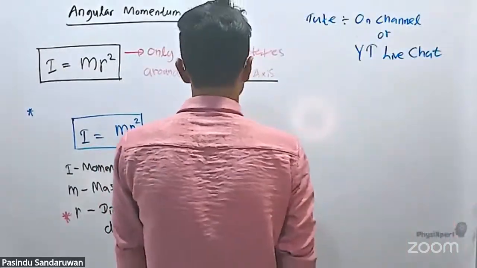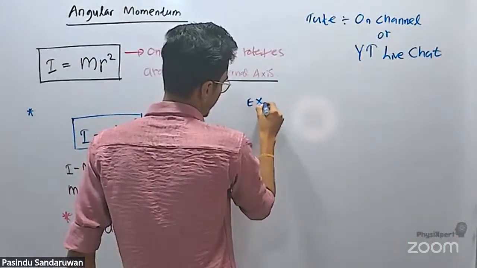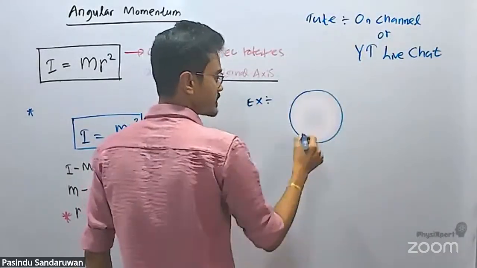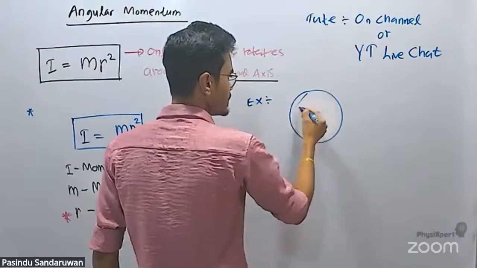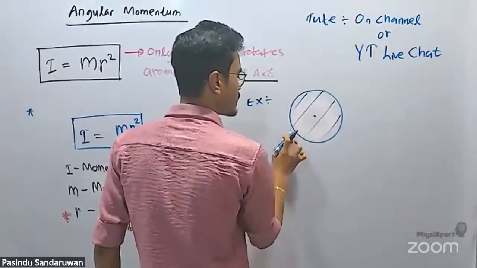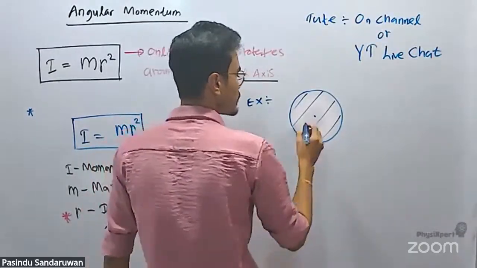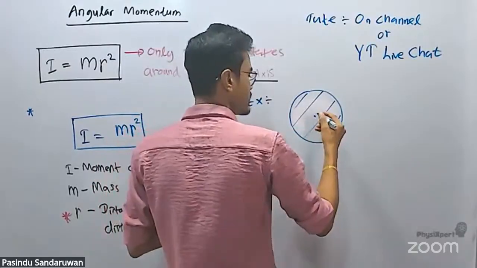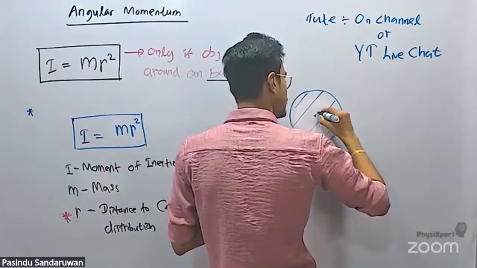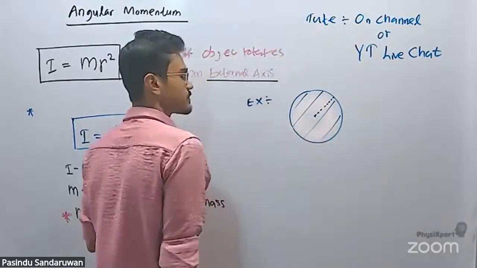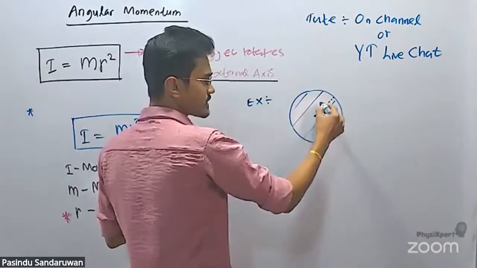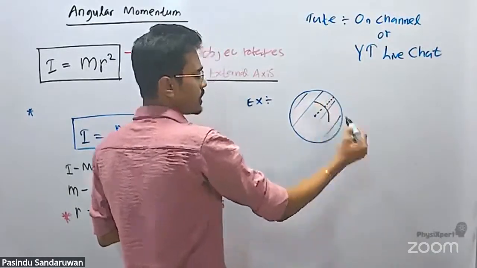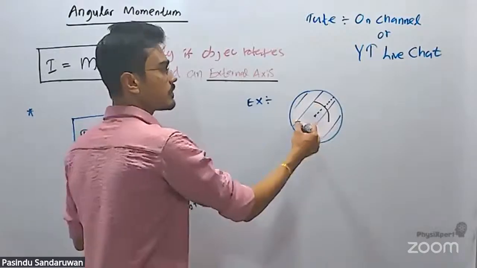As an example, let's say we have a disk here. Mass is distributed from here to here. Then the center of mass distribution is somewhere around the middle of this line.